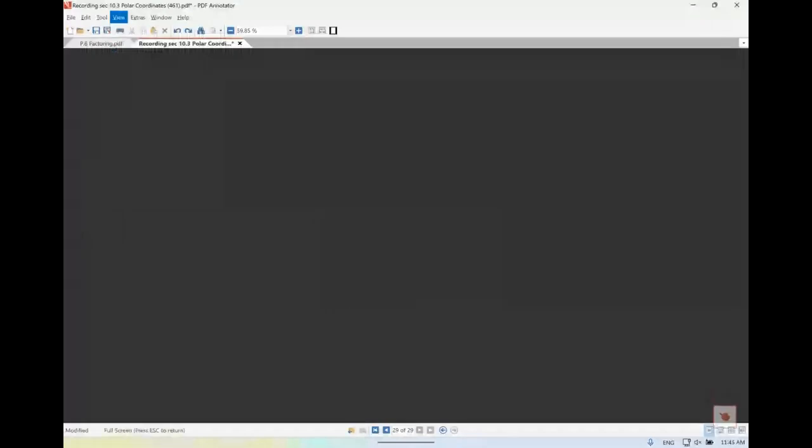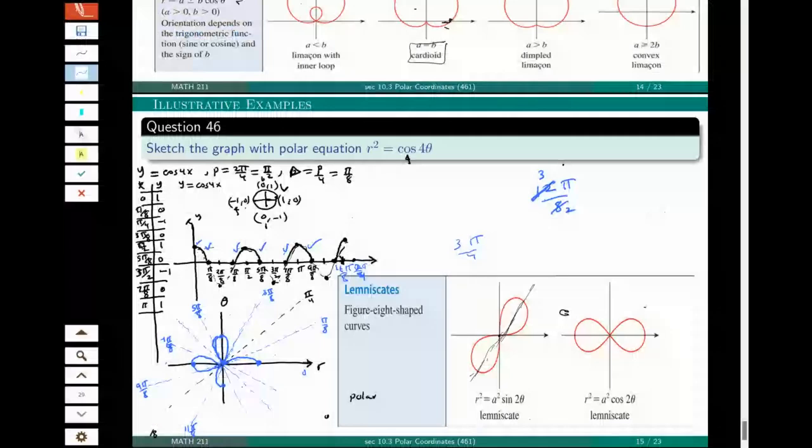So we said we reach 11 pi over 8. At 11 pi over 8 it was 0, and at 3 pi over 2 it becomes 1. Then at 3 pi over 2 it's 1.